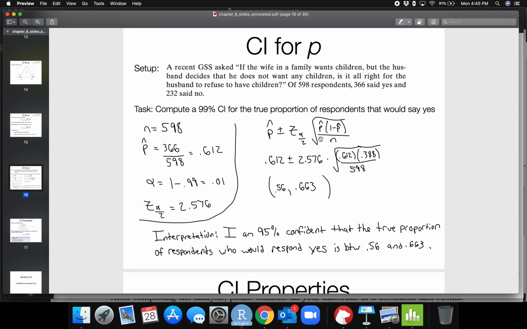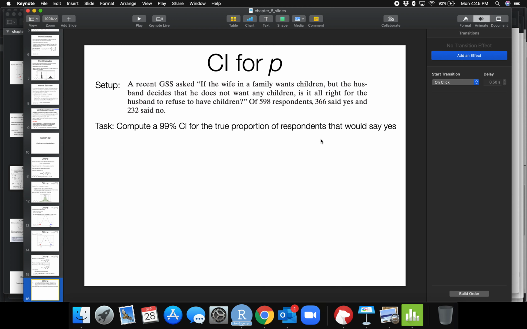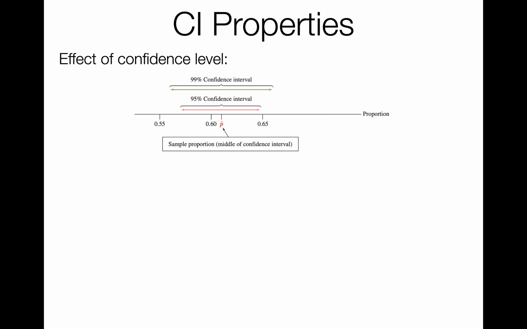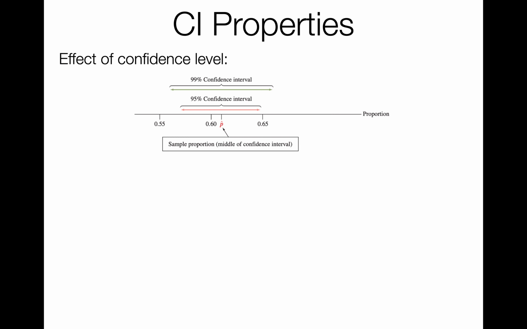So now, armed with that information, I want to talk a little bit about the effects of n on a confidence interval, so the effects of the sample size varying and the confidence level varying.